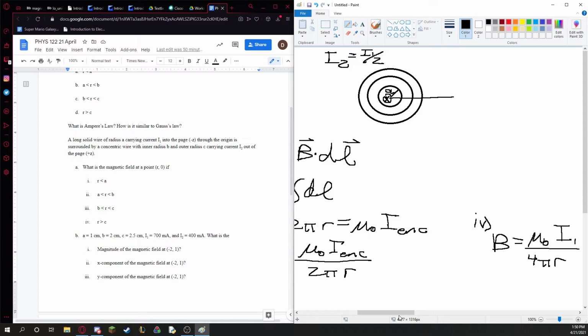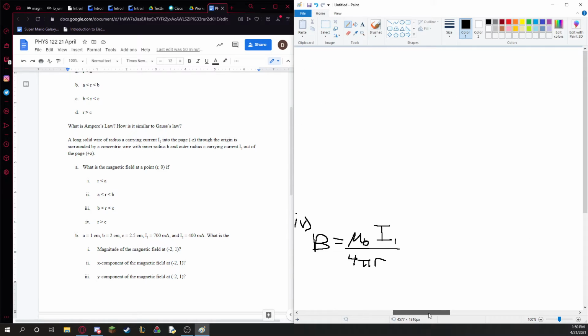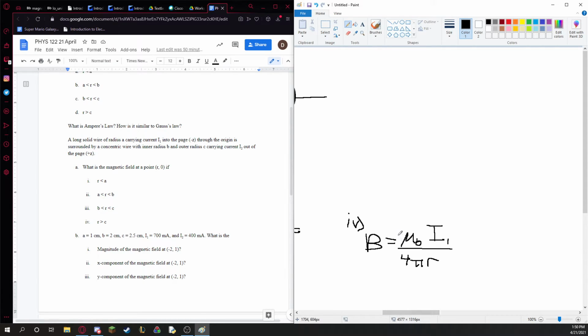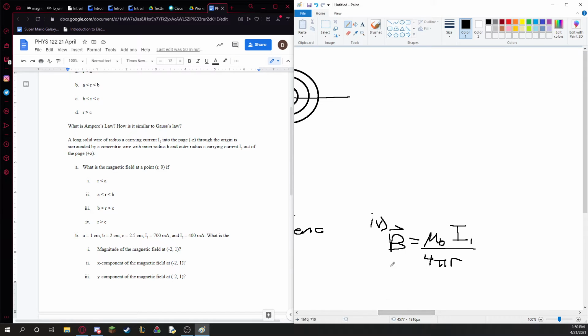Because we know I1 is greater than I2, so we stick our thumb in the direction of I1, which is into the page, rotate our fingers around, and we find it's clockwise. So in this case, because we're finding it along the x-axis, clockwise is going to be down in the negative y direction. Exactly.